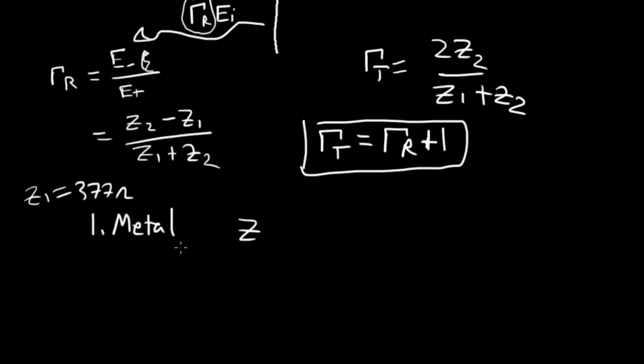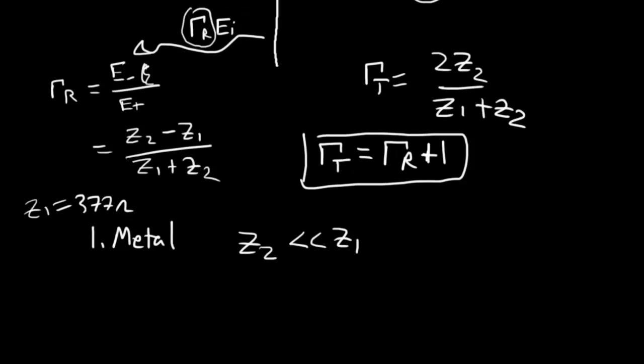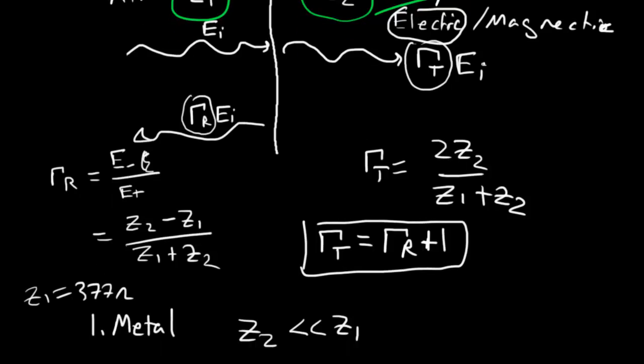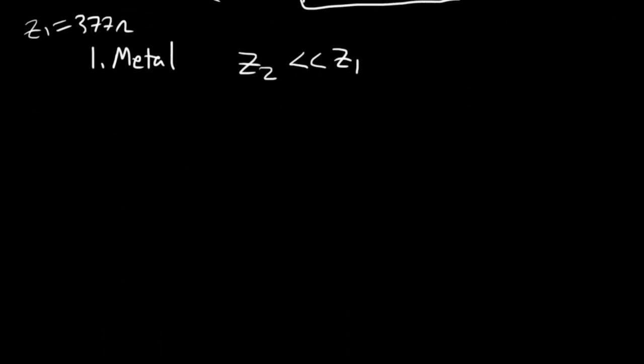And if it impinges upon a metal, Z2 is much less than Z1. So going back up to this image, instead of this being the scalp, what if this was a metal? We can say that this characteristic impedance is much less than this. That's the assumption I'm going to make.